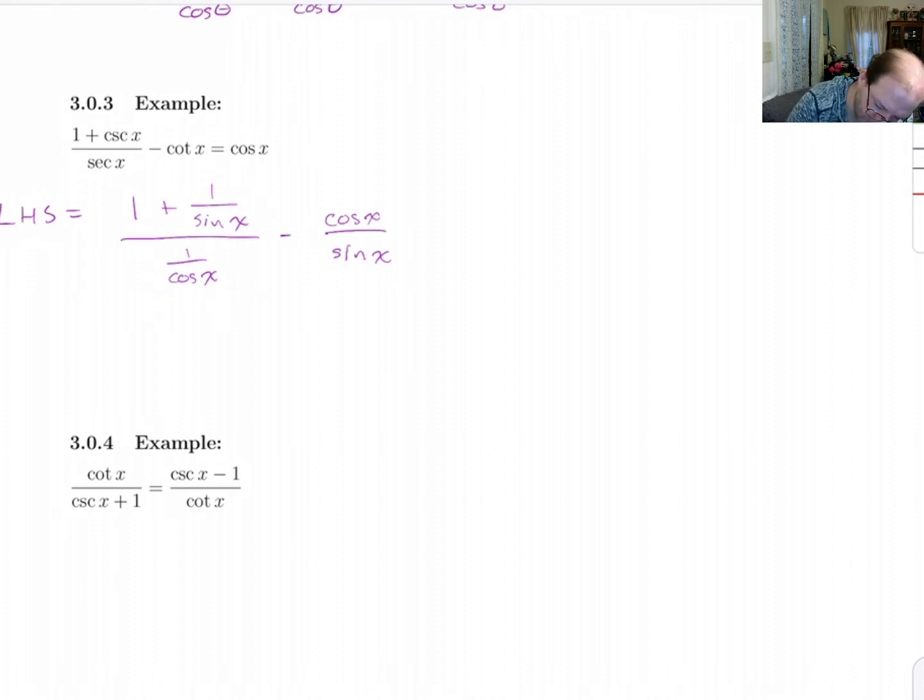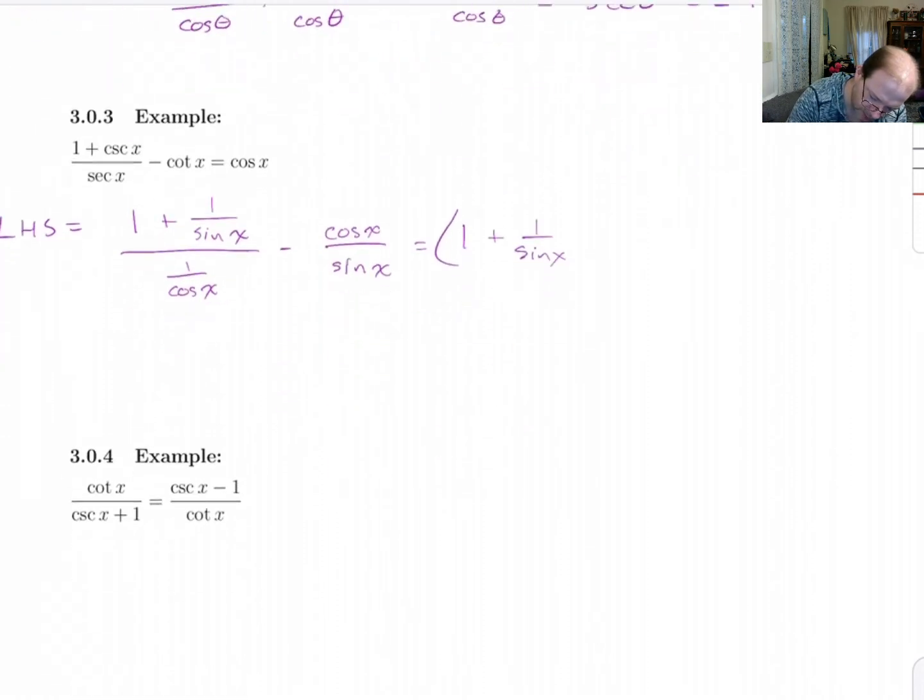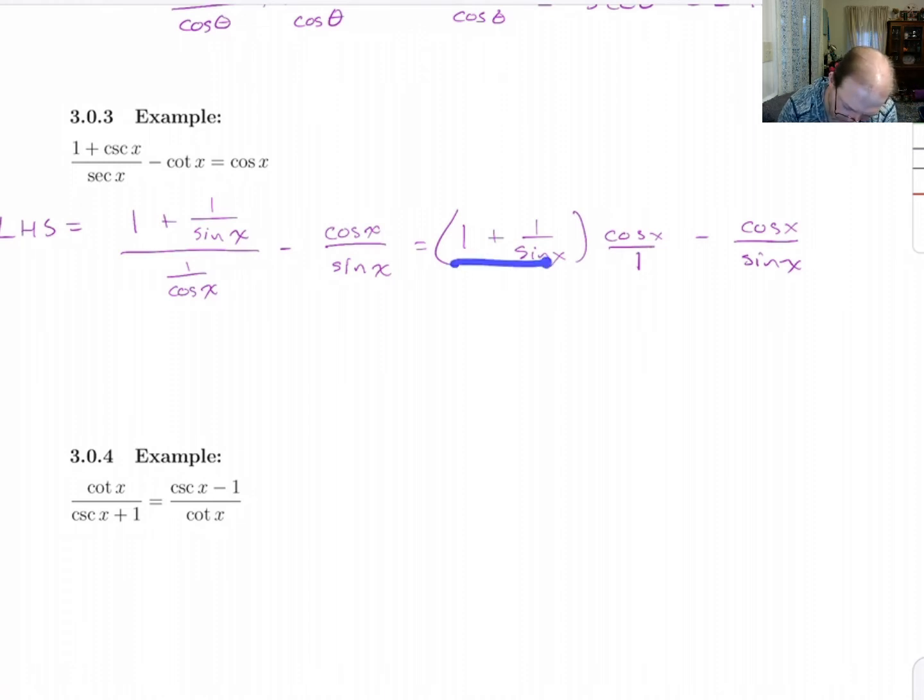When I was in school, that's what we learned, multiply by the reciprocal. So we take 1 plus 1 over sine x times cosine x minus cosine x over sine x. I think a lot of people call this now keep, flip, change, something like that.